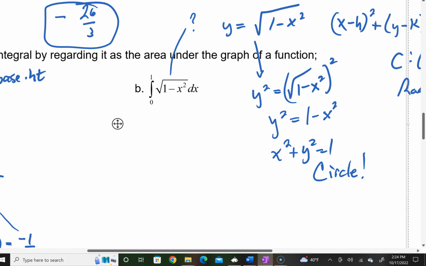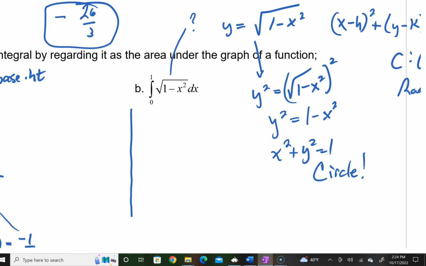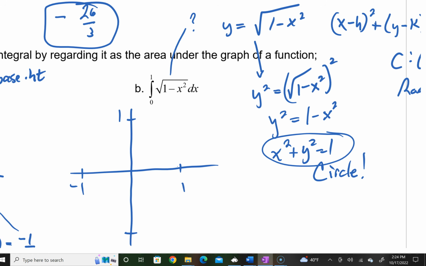Actually, no, it's not. Be careful. This is a circle in this equation. You could say, look at that. You've got a radius of 1, it appears. You know, your center would be at 0, 0. Your radius would be 1.